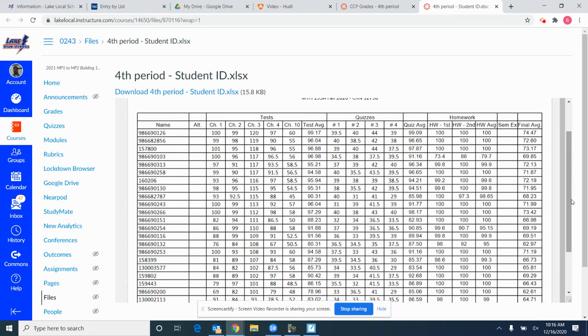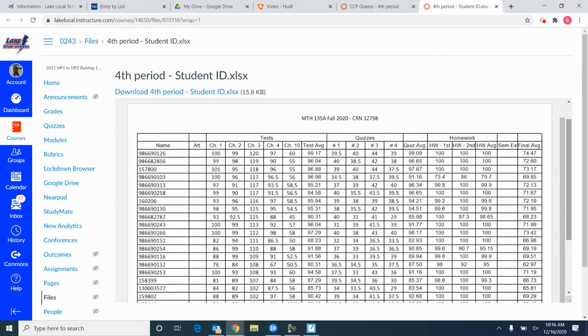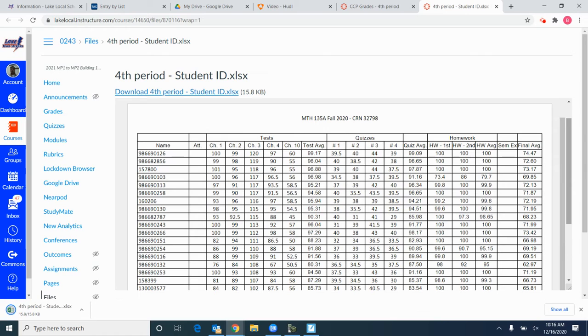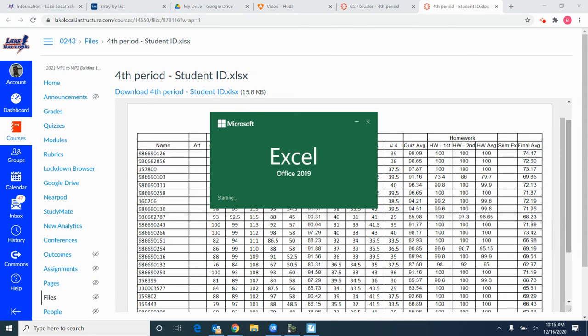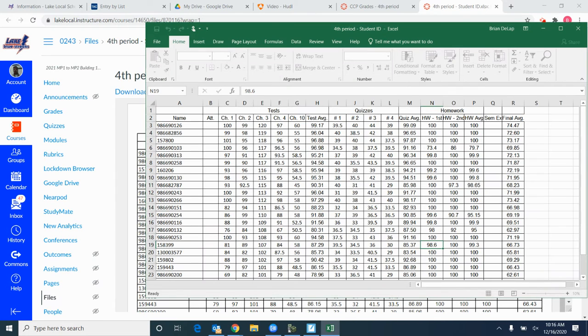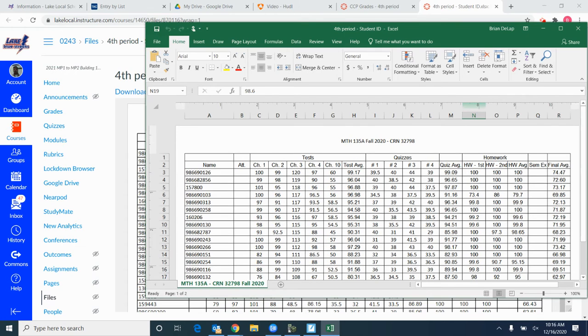Now, if you download this, I think you can download that. How do you do that? Download. You can type in a grade for your exam, and you can get an idea what you need to get to either maintain or to get higher.